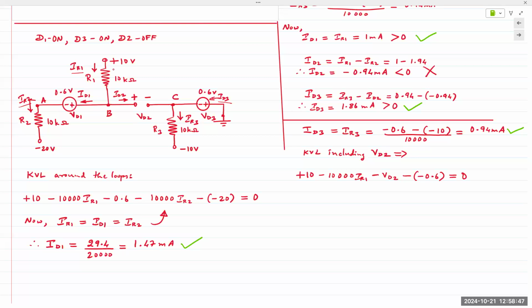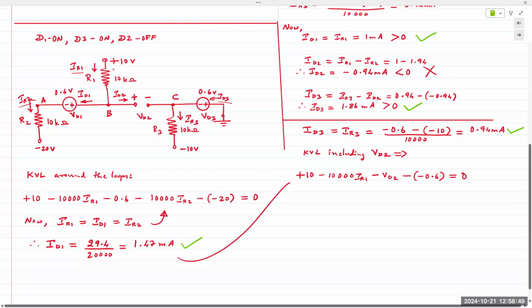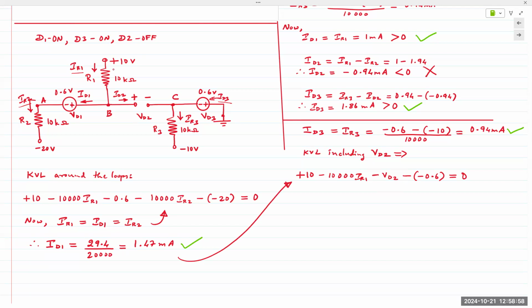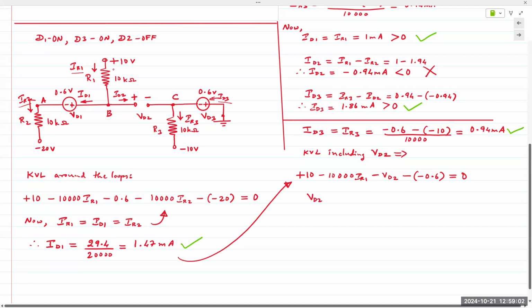But we already have IR1 from here, so we can plug that into this equation and we are left with only one unknown, which is VD2. We solve for VD2 and see if we obtain a negative answer. If V2 is positive, then our assumption is still incorrect, and we'd have to go back and choose another state.